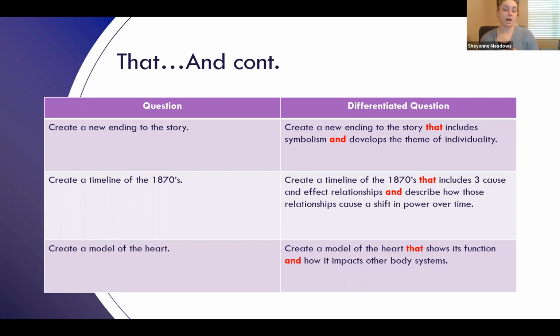And so it's taking it up into that application realm and allowing students to use those critical thinking skills. And an example in science is create a model of the heart. So instead of just, again, regurgitating information from memorization, creating a model of the heart that shows function and how it impacts other body systems, making them create those connections and those relationships makes that differentiated.